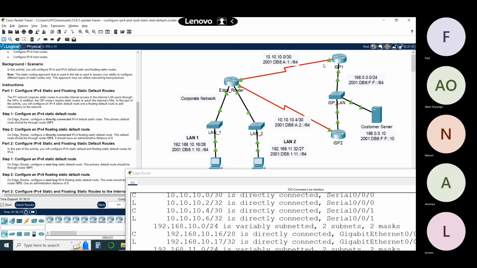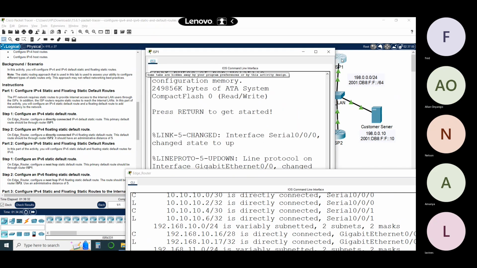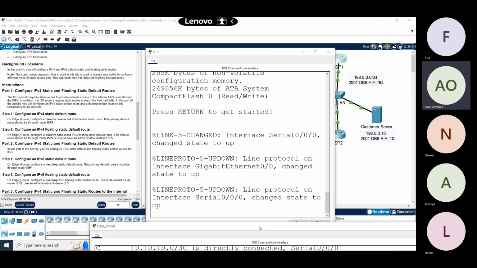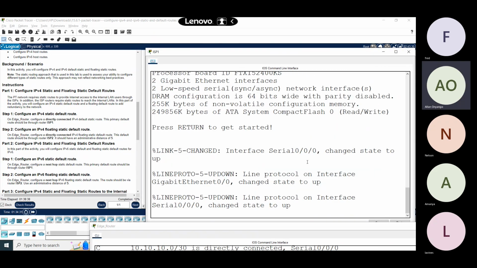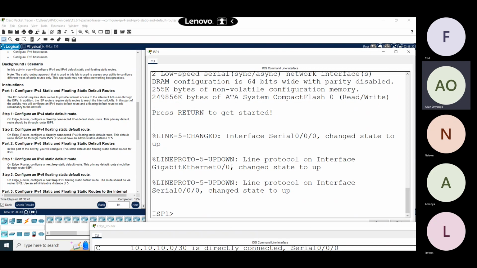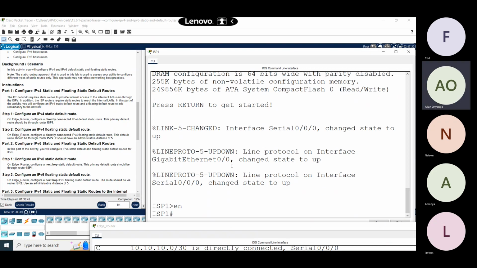The IPv6 address passing through ISP1, and that means we need to get into this router here. We need to get into this router, ISP1. We need to check the routing table, and we need to say show IP route.